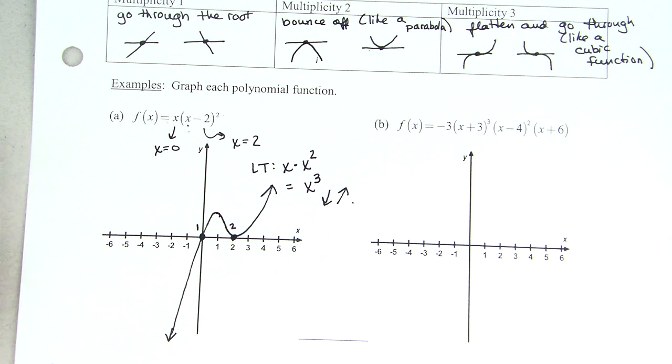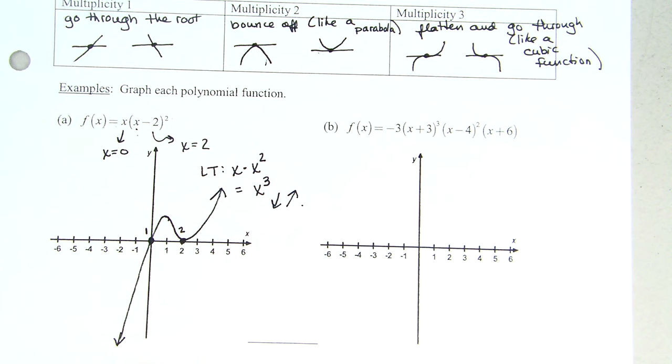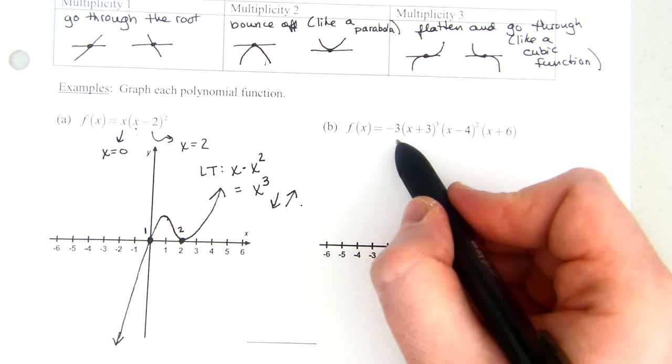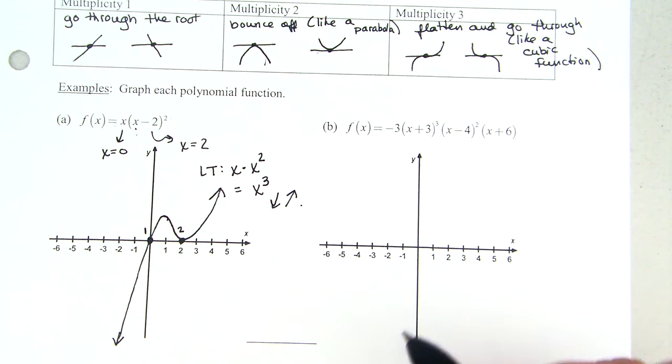Let's do one more together. Letter B. You find the x-intercepts and their roots, and maybe see if you can get the leading term and end behavior as well. The negative 3 out front doesn't give me anything. If it was negative 3x, it would give me 0, but negative 3 by itself, nothing.